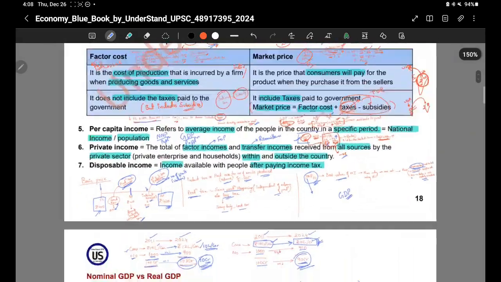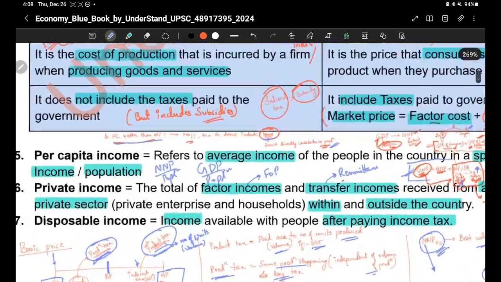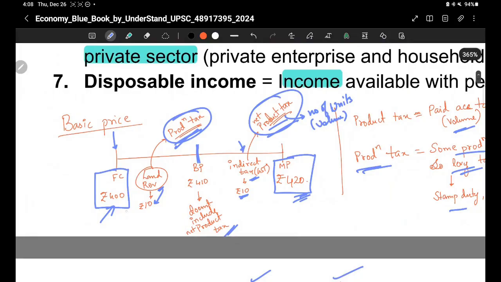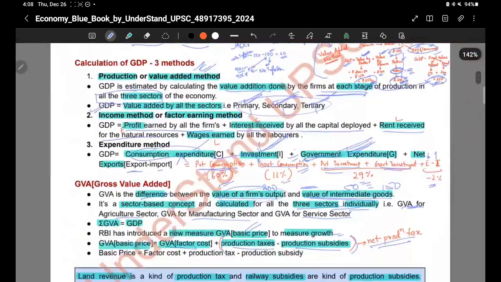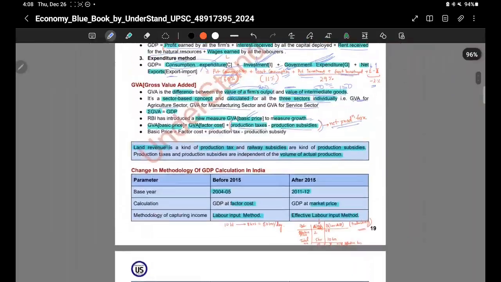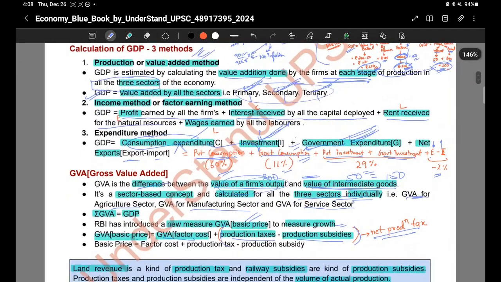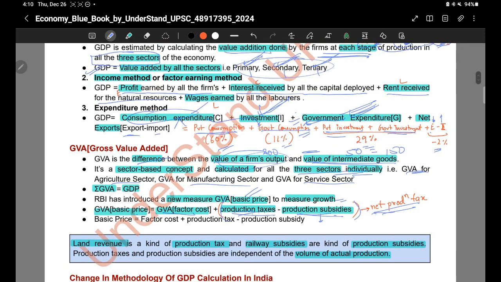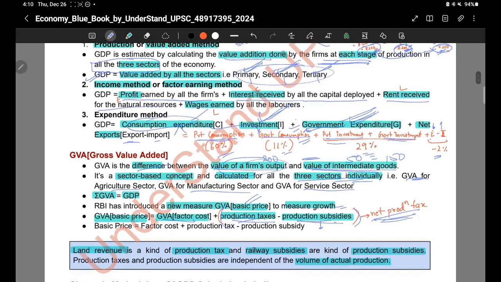Now I told you this one. It doesn't include net product tax. One second. Where did that go? Here. Production tax minus production subsidy. Production tax can be land revenue and production subsidy can be fertilizer subsidy. Right? When you subtract them, you get net production tax.